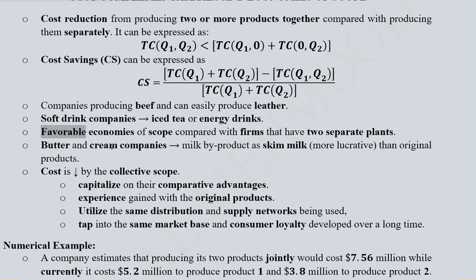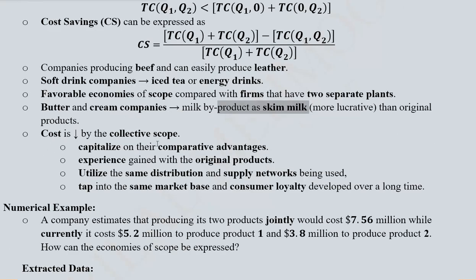We have butter and cream companies. They can go towards skimmed milk, and that is more lucrative because they can make more money out of it instead of producing the original products like butter and cream. Or they can produce all of these products, because when they do this, there will be economies of scope.